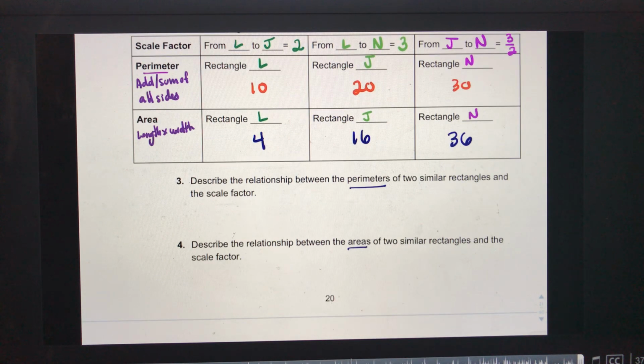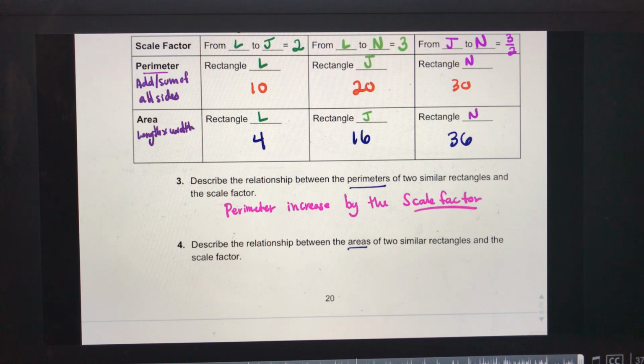Now, it says the relationship between the perimeters and rectangles. So the perimeter increased by the scale factor.